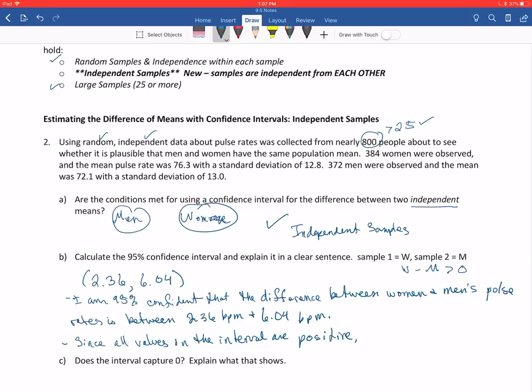And what that tells me then is that the women's pulse rate is higher. So something like, I am confident that women have a higher mean pulse rate.